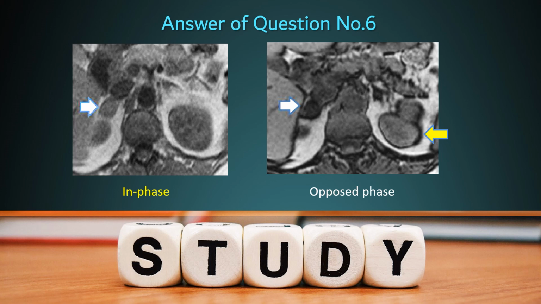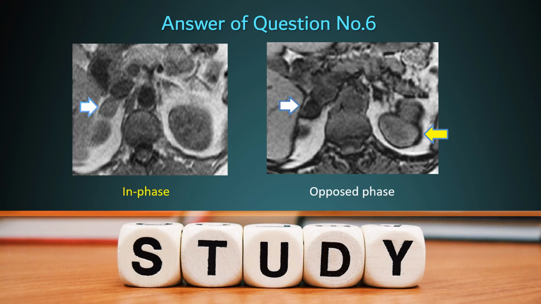This is an example of adrenal adenoma on the in phase and opposed phase. We can notice that on the in phase image, the adrenal lesion, indicated by the white arrow, is almost isointense to the liver, while on the opposed phase there is significant homogeneous loss of its signal and it becomes significantly darker compared with the in phase.